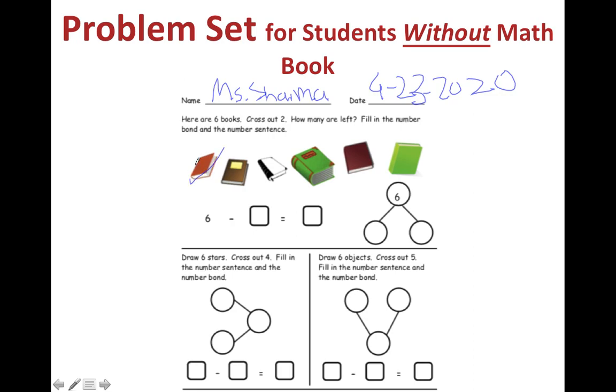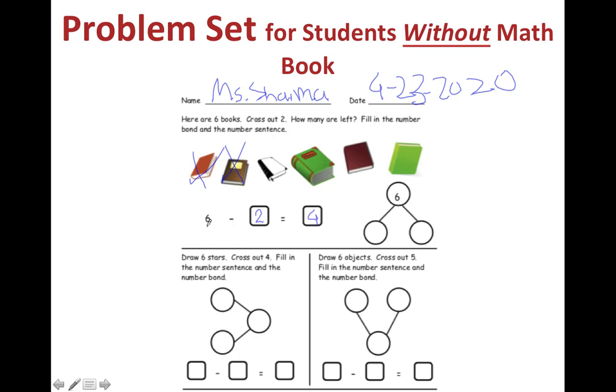So it says I have to cross out 2 books. So the number sentence goes 6 minus blank. Remember, this is a subtraction and the story says cross out 2, so it has to be 2. How many are left? I can see I have 1, 2, 3, 4. I have 4 left.